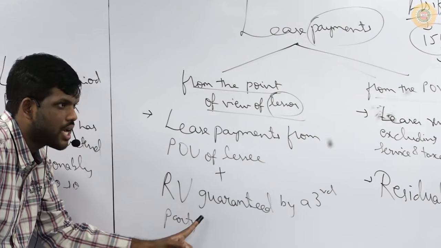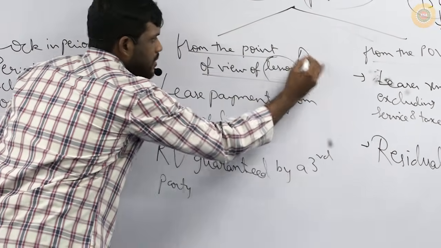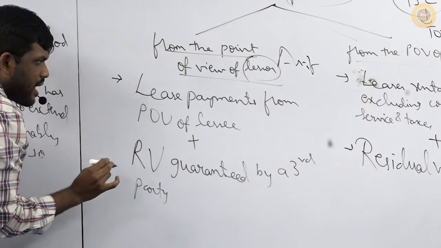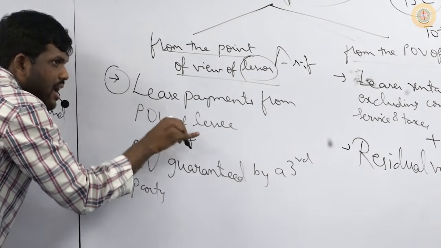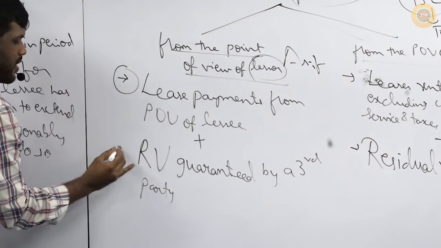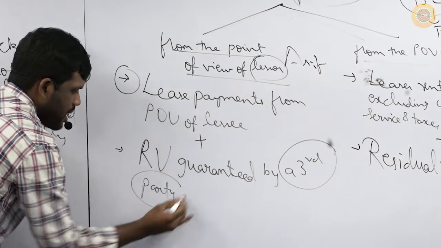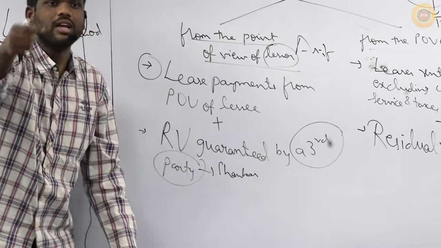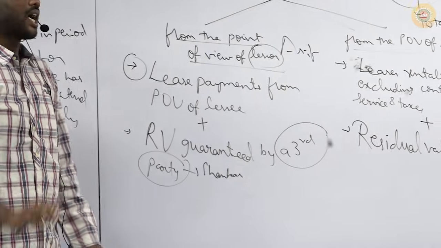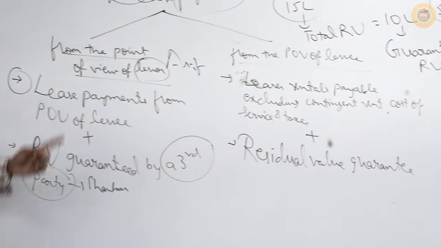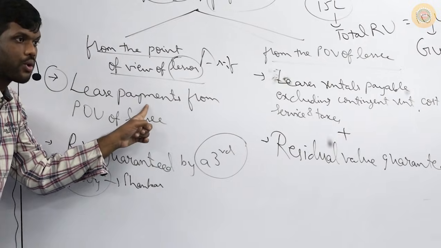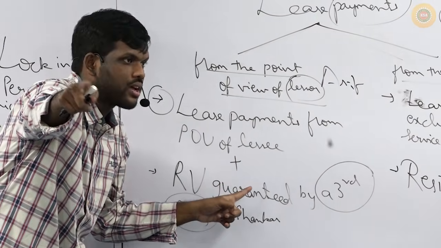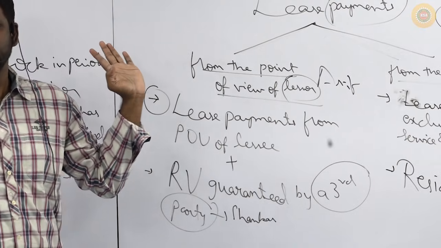In the lessor case, the lessor is our Asif. Lessor Asif will take whatever guarantee I have given, plus whatever guarantee the third party, in our case Shankar, has given. That also Asif will consider. Able to understand? The guarantee I gave will be inside, and the guarantee Shankar gave will be sitting separately.